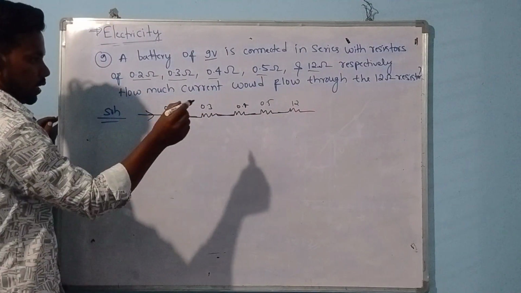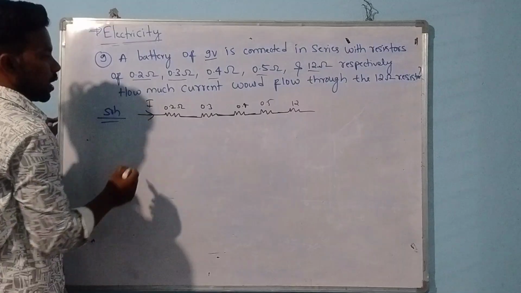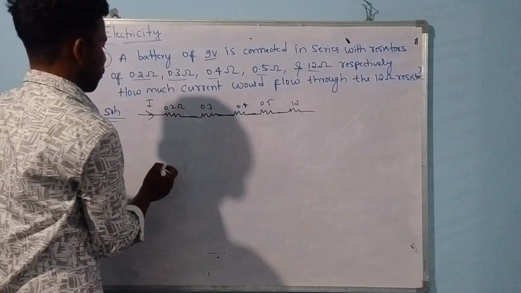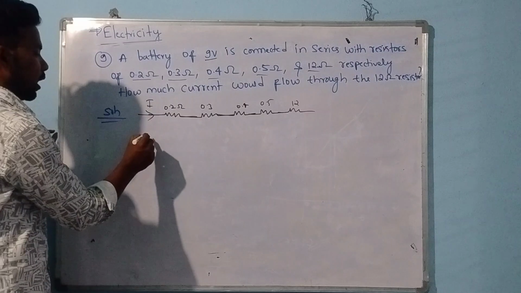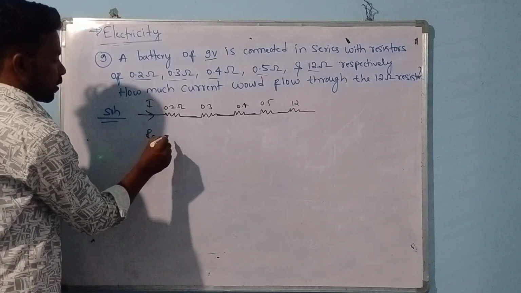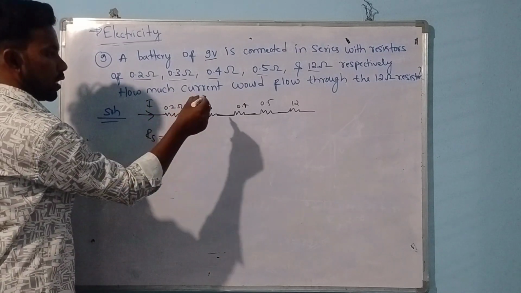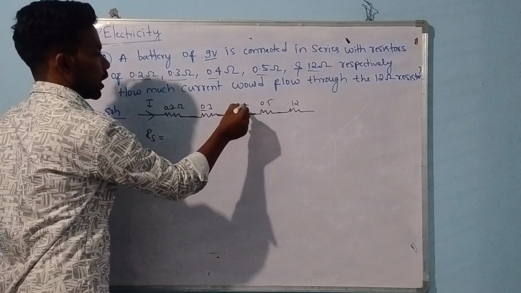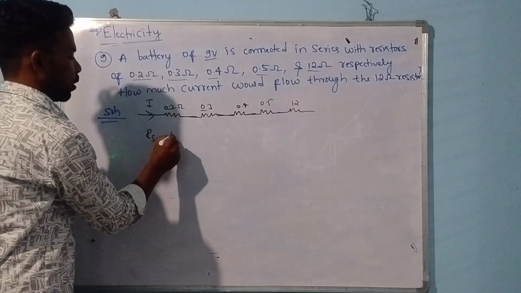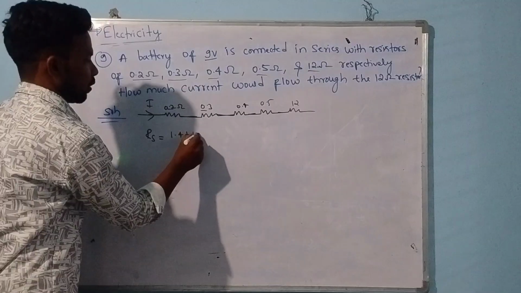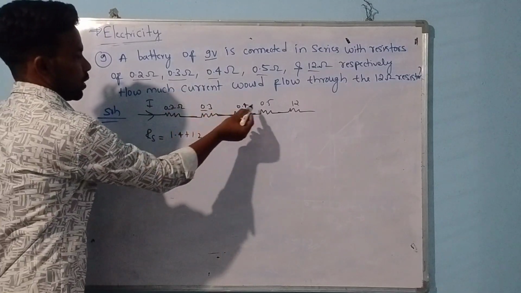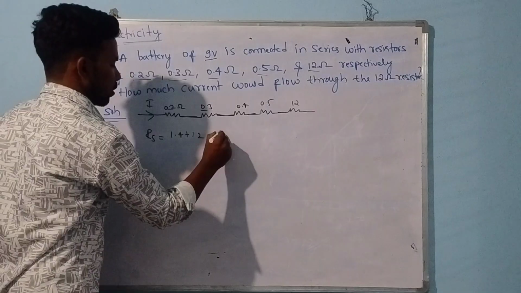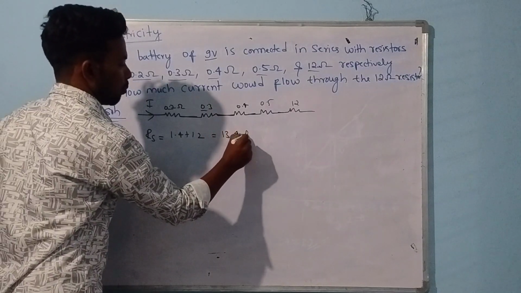What is the condition here? In resistors in series, current remains constant. So here your current is constant. Before that, you have to find the resistance in series, or equivalent resistance. You can add them up: 1.4 plus 12, how much? 13.4 ohm.